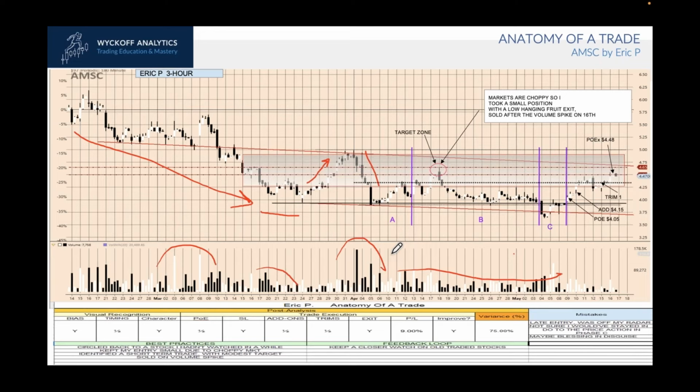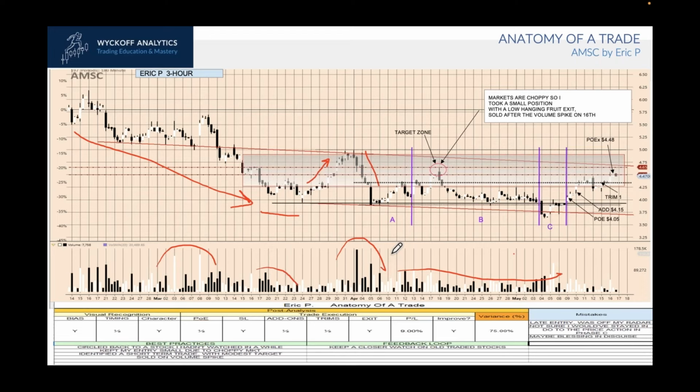The point of entry, I like it, as Eric pointed out earlier. It's at support, which is where we'd like to get in after some sort of spring-like activity. So not all breaks of support are springs, but in this case it was, so good point there. Stop loss, yes. Add-ons. The add-on to me is just maybe adding to the initial position rather than an add-on later in the swing.